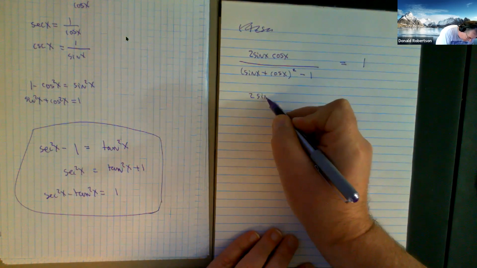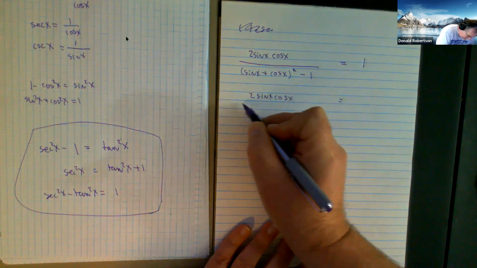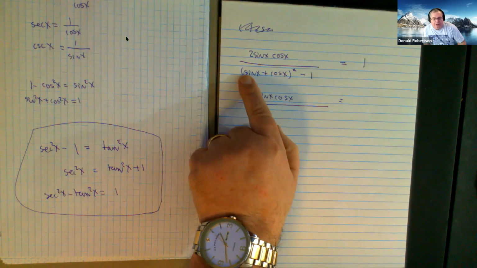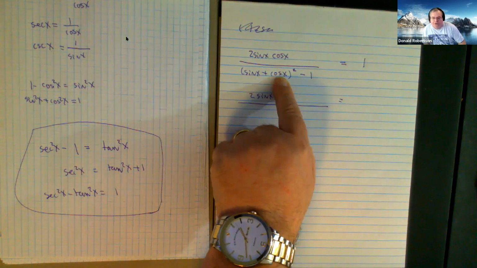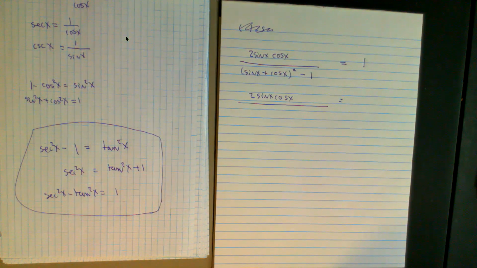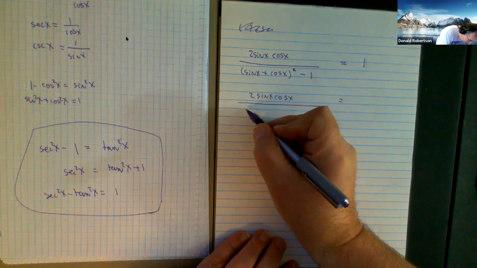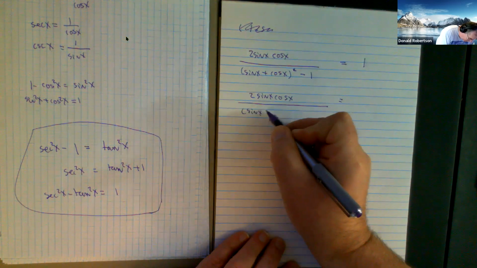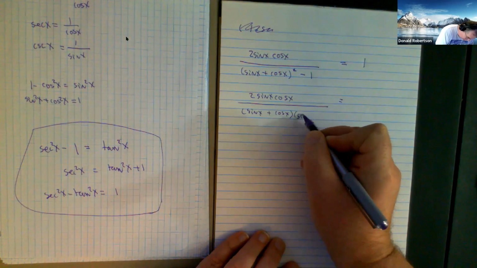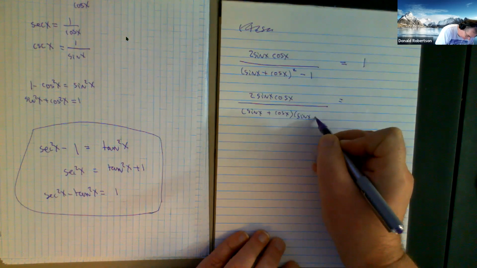Not going to do anything to the top line. What do you think I'm going to do to sine x plus cos x squared? FOIL. Yes. And it's important that you realize that it's FOIL.